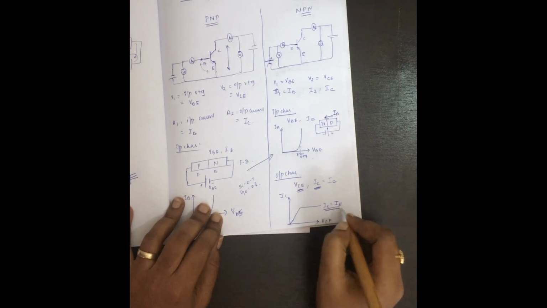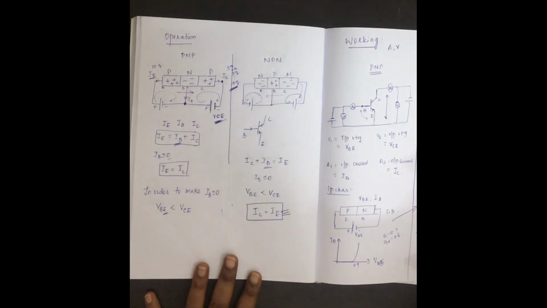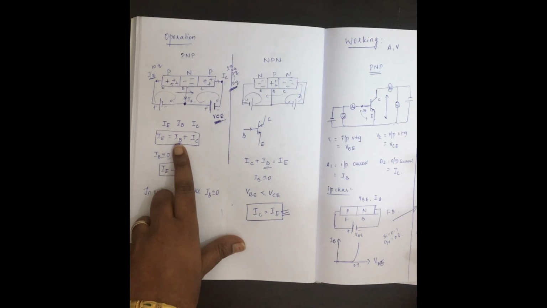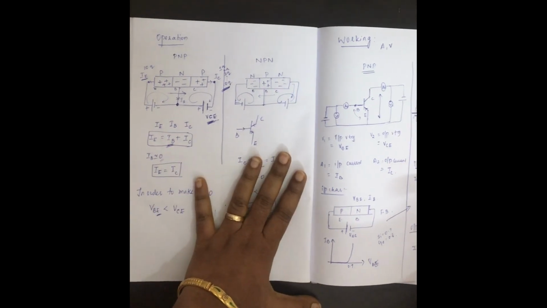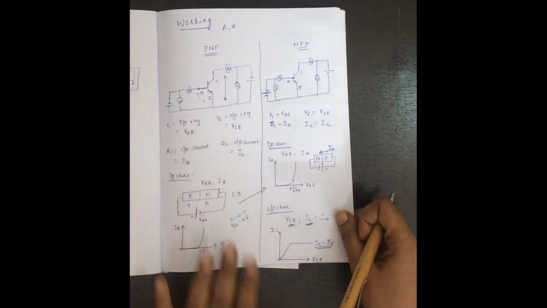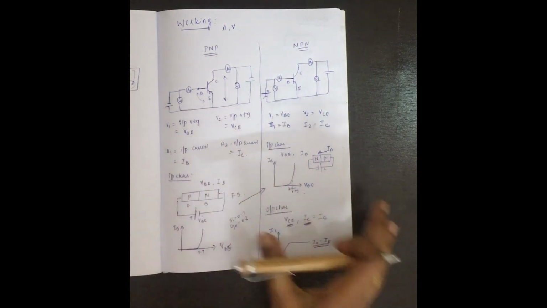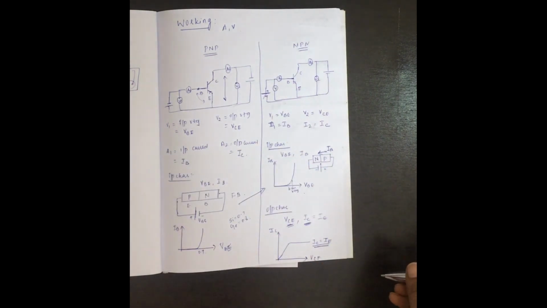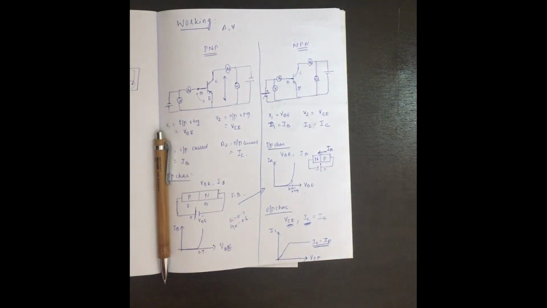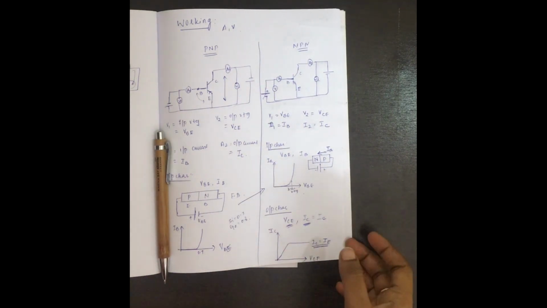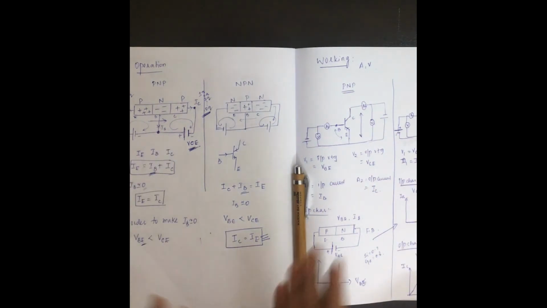So this is the operation, how the battery is connected, and why you have to make the base current 0. This is also NPN operation, and I have explained the working using both PNP and NPN. The operation of both PNP and NPN will be the same, only the current flow direction will change. In both cases I have taken the emitter as common for input and output.